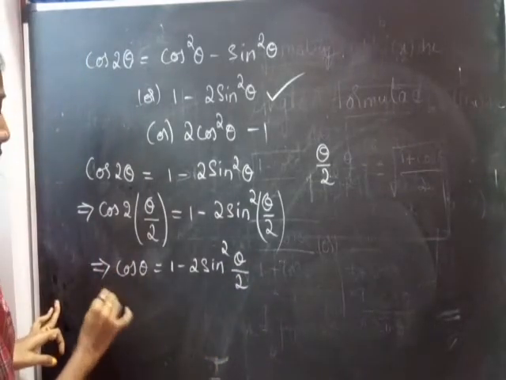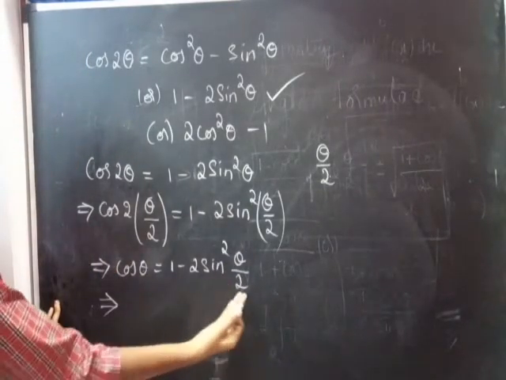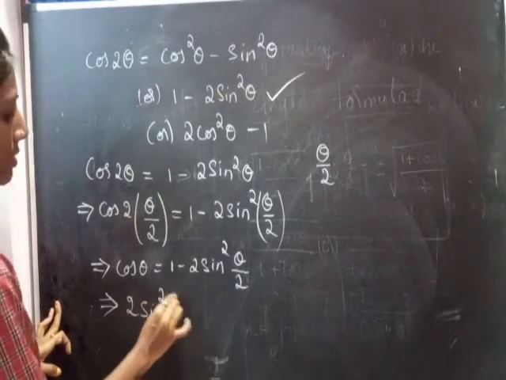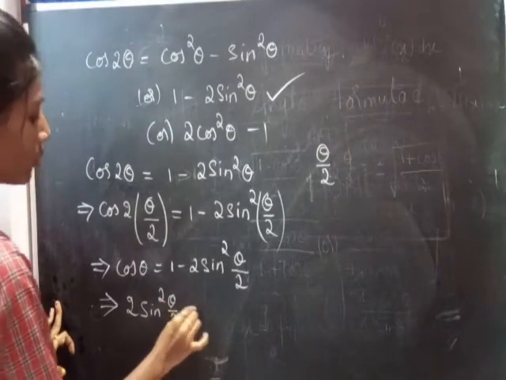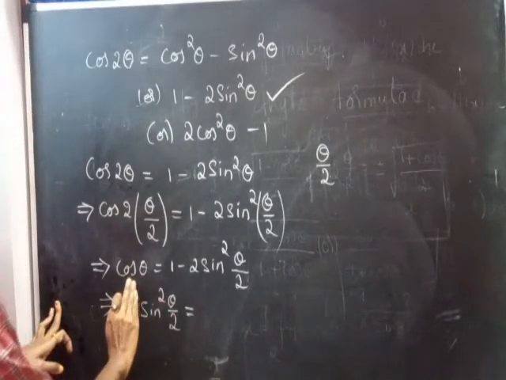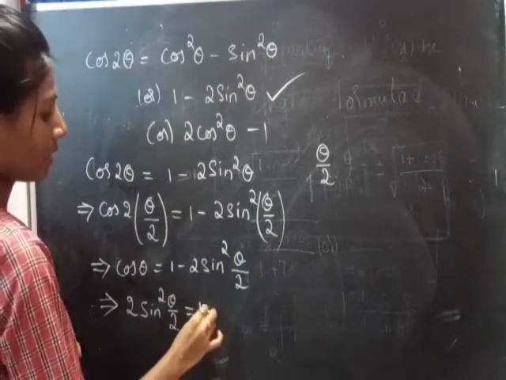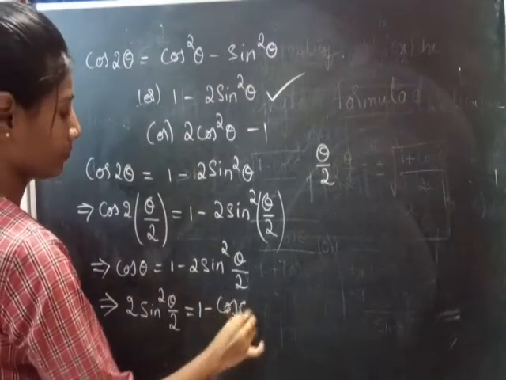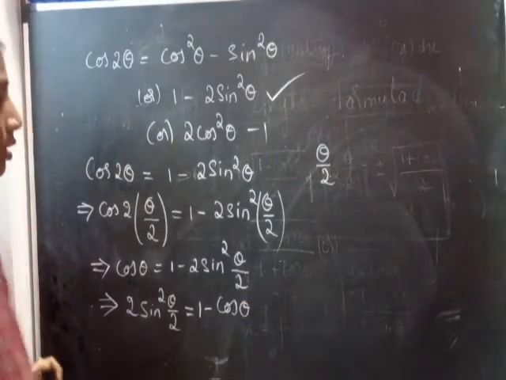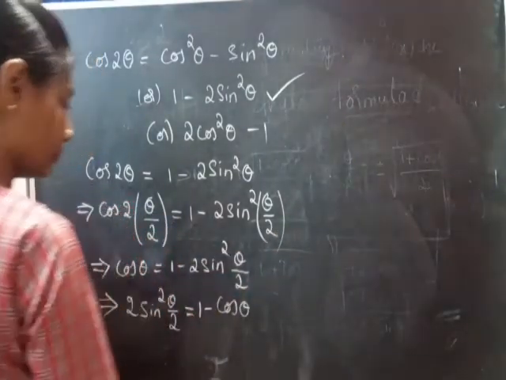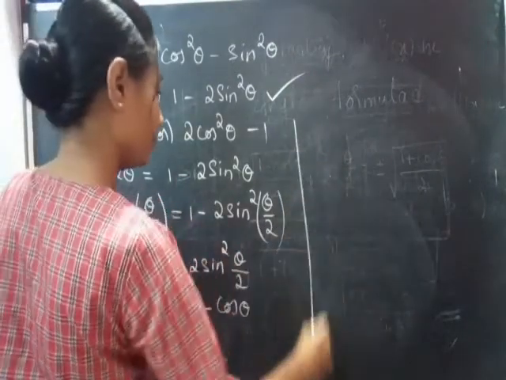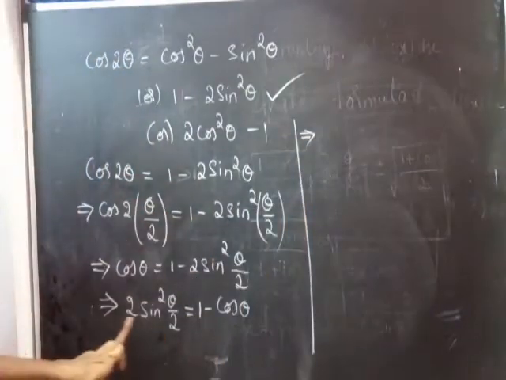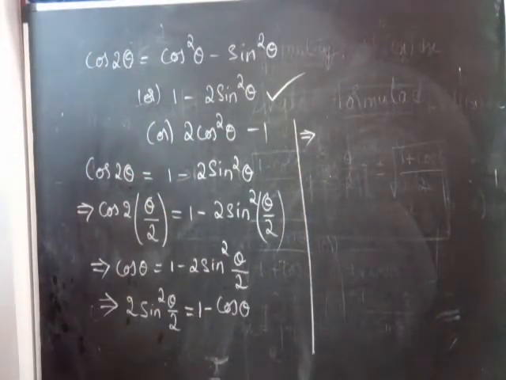Okay. If you take 2 sine square theta by 2 to the left hand side, 2 sine square theta by 2 is equal to, now take this cos theta to the right hand side. So this is equal to 1 minus cos theta. This implies, now I'll take 2 to the right hand side.